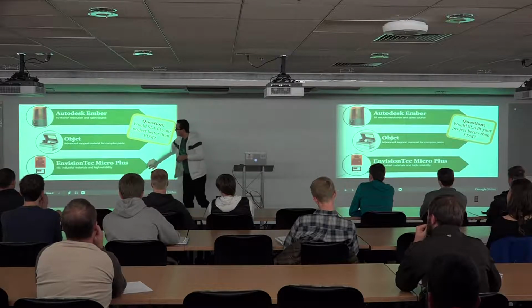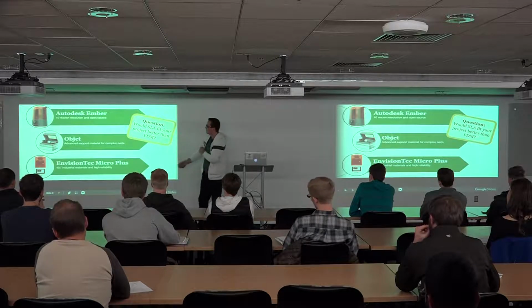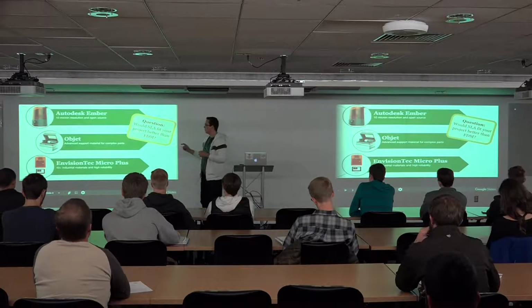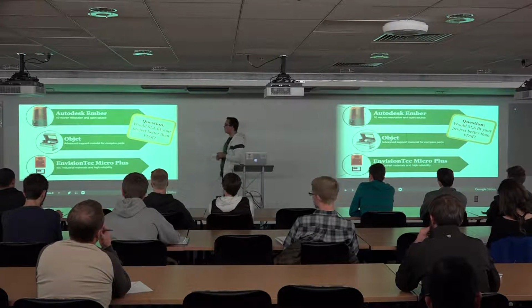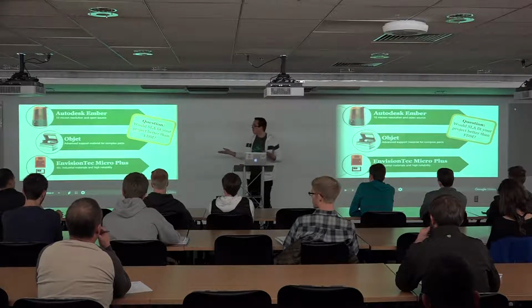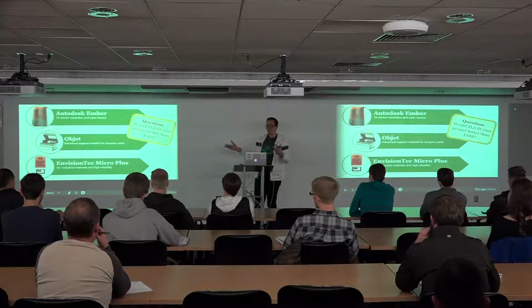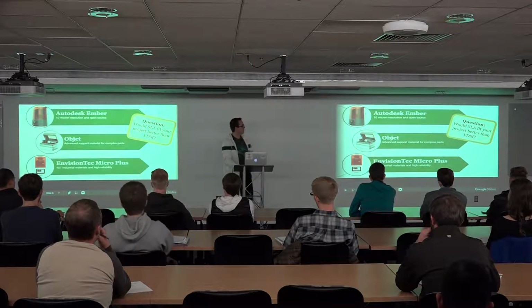The EnvisionTech is almost the same as the Ember, a little bit less on the resolution. They're more in the 25 to 40 micron range, but they have tons and tons of super cool industrial materials that you can use. So if you ever need to run some higher resolution parts, just ask us and we can help you get started with that.